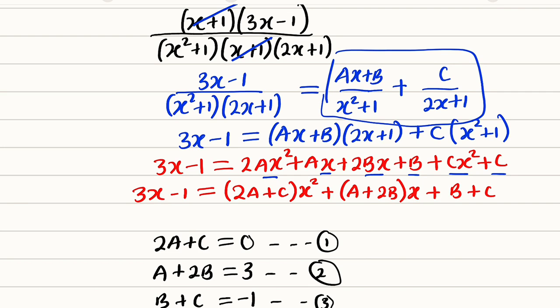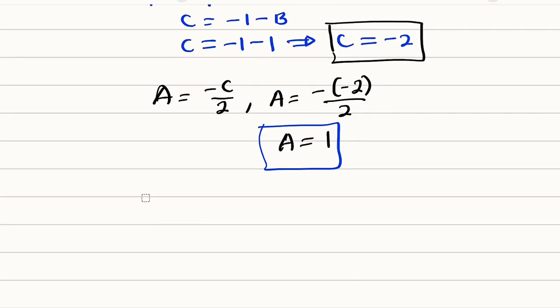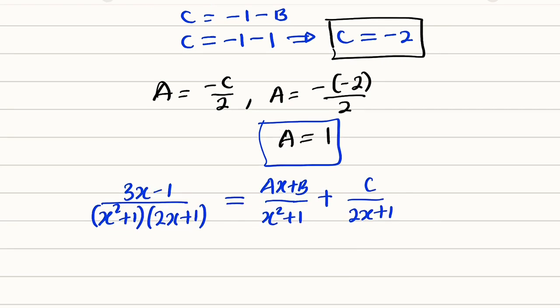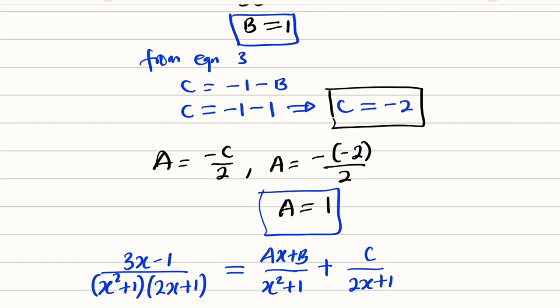So now let me copy that. So I have just copied the equation here. We are going to substitute for a, b, and c. For a, we can see that it is equal to 1. So we have 1 multiplied by x, which is the same thing as x, plus b is equal to 1. You can see right here.